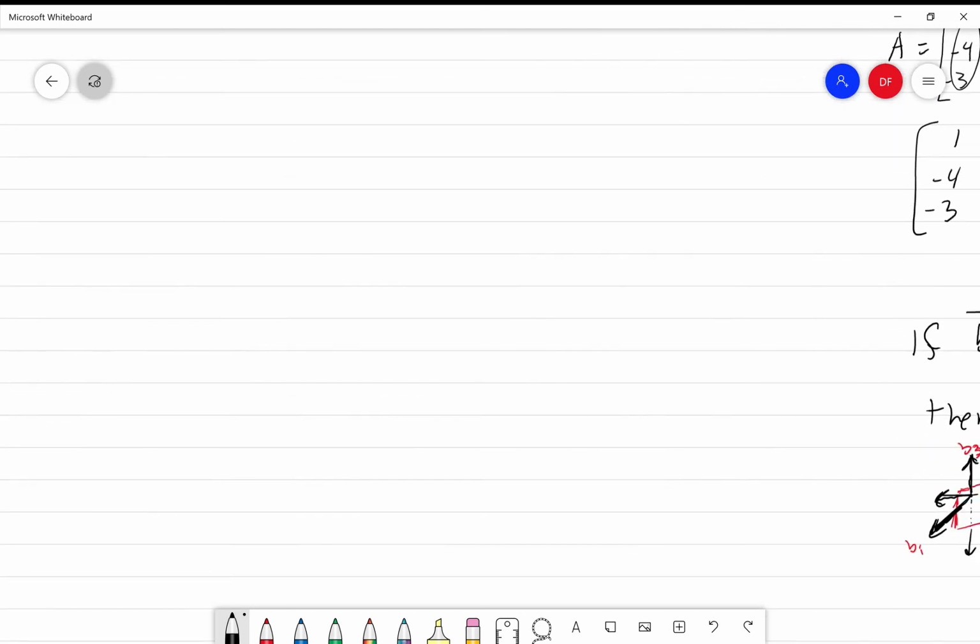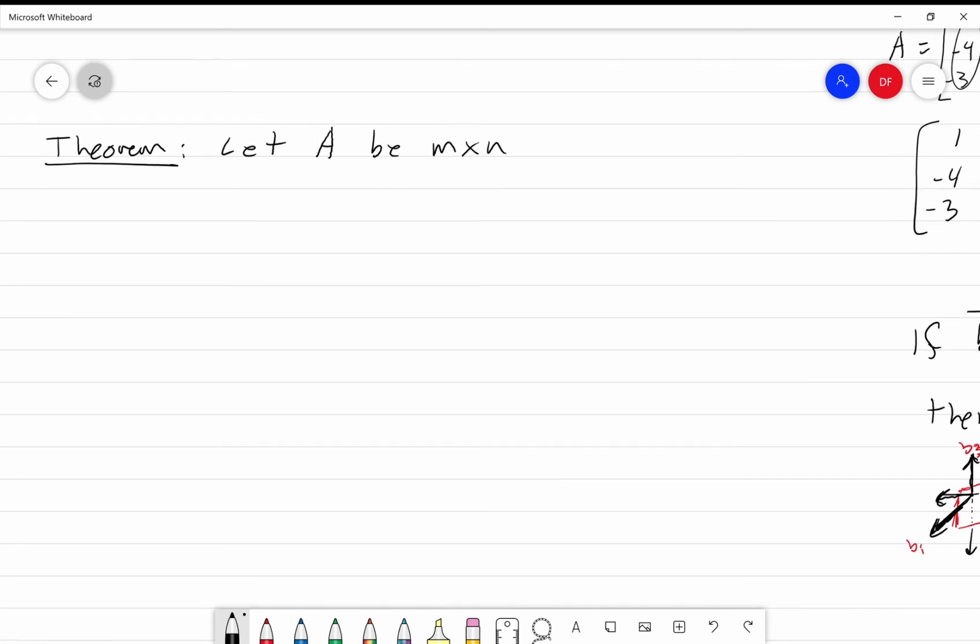So let me give you the following theorem, which we've already discussed why the results of this theorem hold. But let's now formalize it in a theorem. So let A be an M by N matrix, meaning it has M rows and N columns.